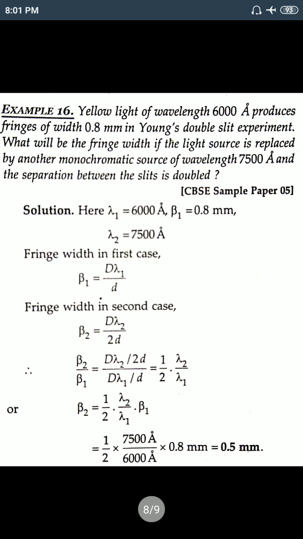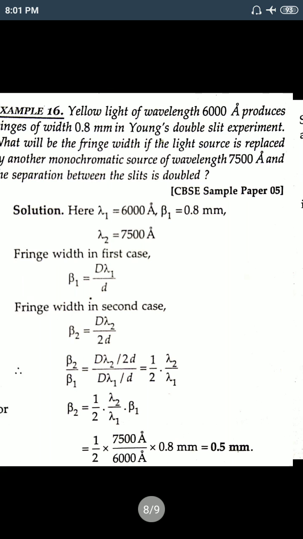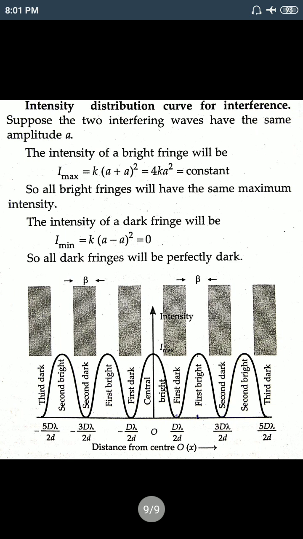There will be some numericals related to the beta fringe width, so you try them at home. It is mentioned in detail and solved here. This is the intensity distribution curve of interference. You see here the beta, the width of the dark fringe, on the left-hand side where there is an arrow sign over the dark fringe.